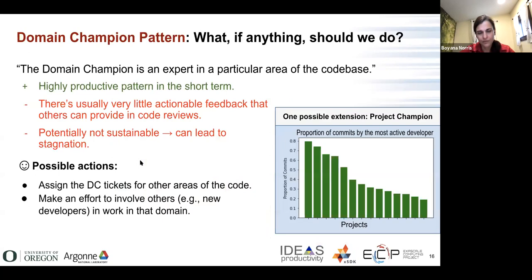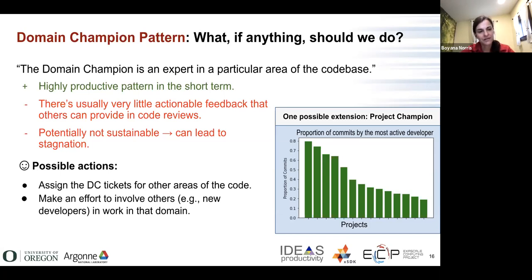And positive things, very productive, possibly forever, but likely only in the short term. And then some issues, if you do have code reviews, include that others are not familiar enough with this code domain to provide actionable, useful feedback in code reviews.